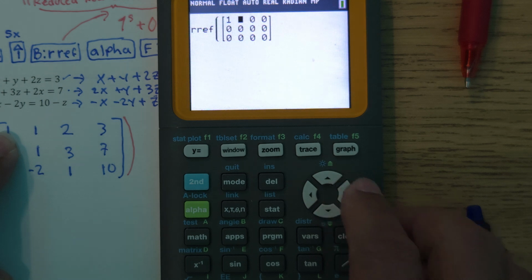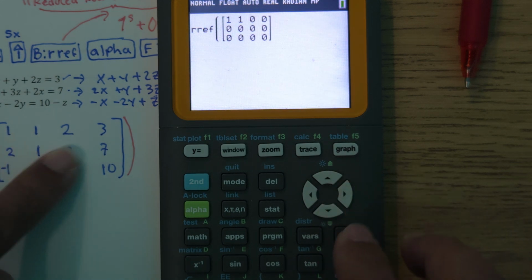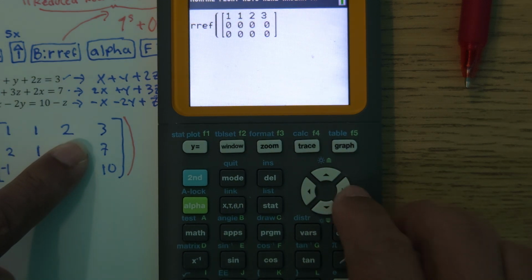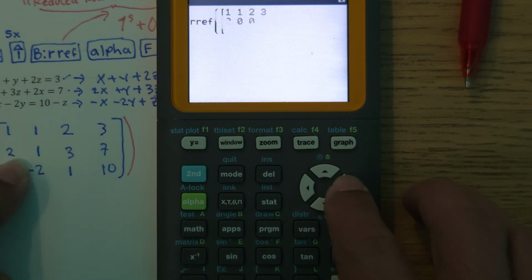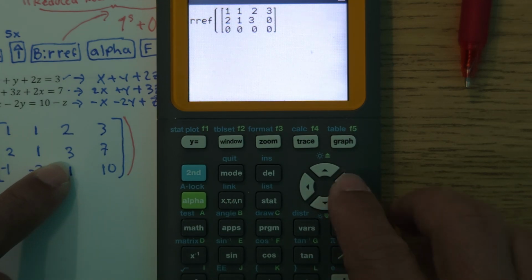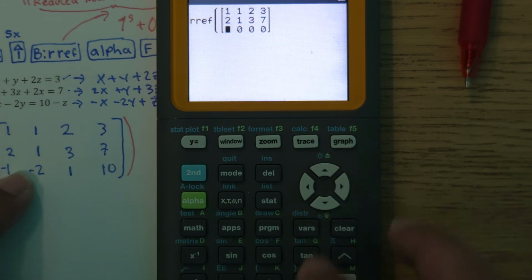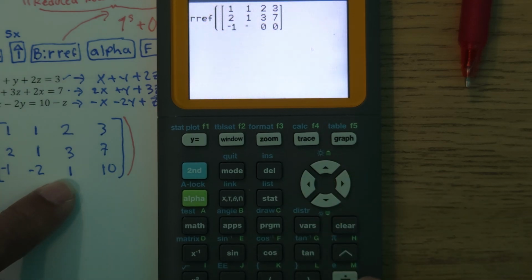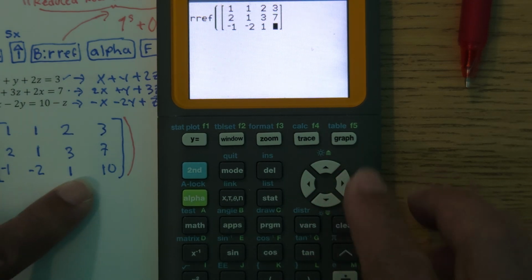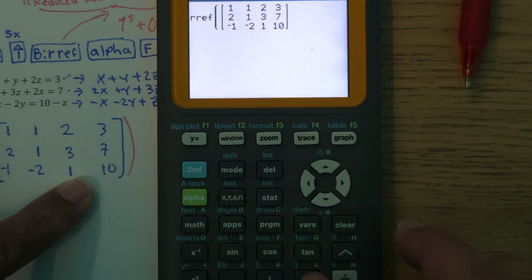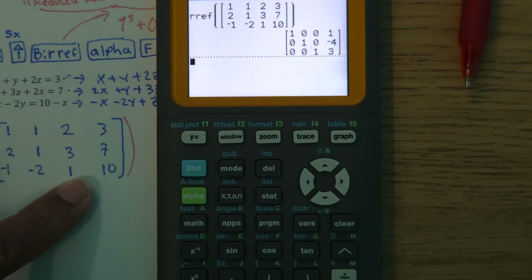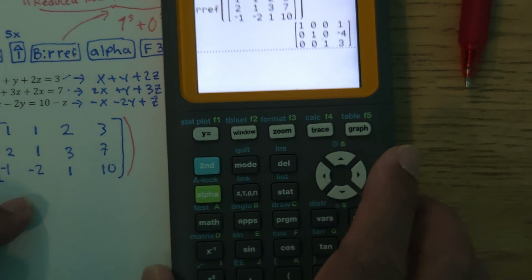So 1, scroll to the right, 1 again, keep scrolling to the right, and then 2, and then 3, scroll to the right again, 2, 1, 3, 7, and -1, -2, 1, and 10. Then press enter, and it will give me the matrix, okay, that's being reduced.